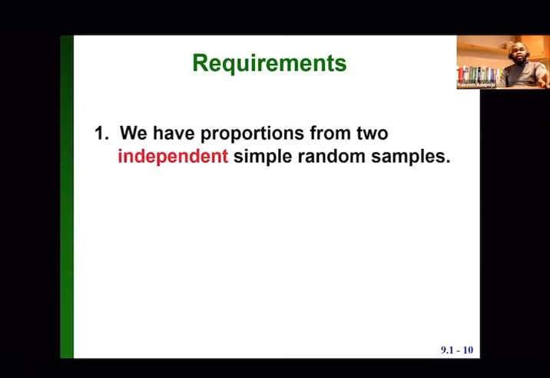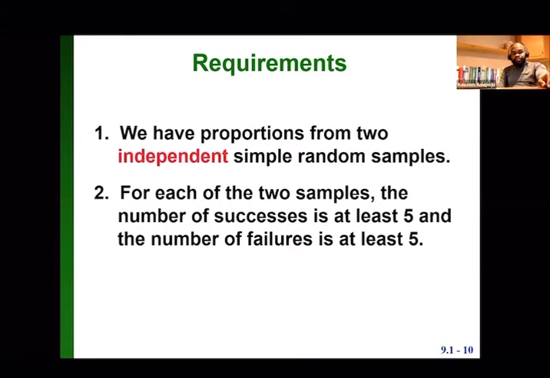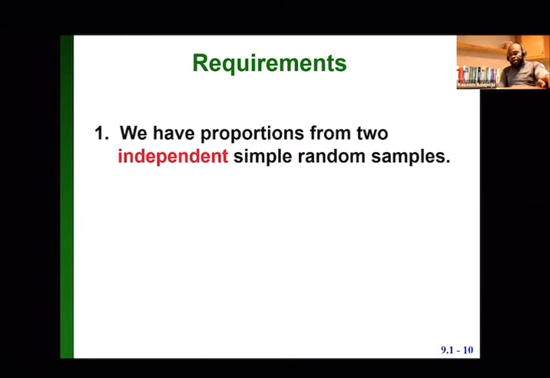Now, if you want to conduct hypothesis testing for a difference of proportions, of course, we have requirements. The requirement is that, number one, we have proportions from two independent simple random samples. Which means there shouldn't be any favoritism or bias in the selection of samples from the two populations.